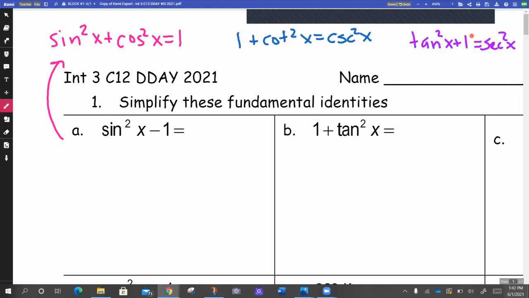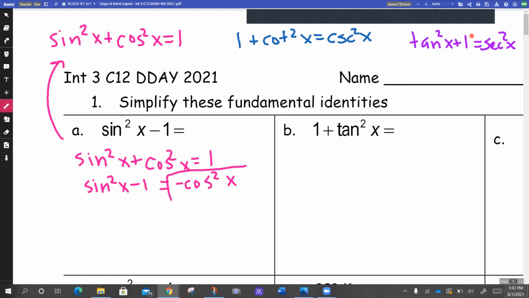So if I was to rewrite that by minusing 1 from both sides, I'm going to get a sine squared x minus 1, and I take my cosine squared x to the other side, you see that my answer is negative cosine squared x.